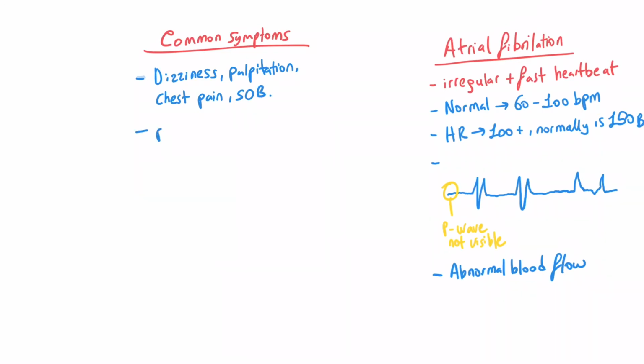On physical examination, you will notice the pulse is irregular, like we've mentioned before, plus a fast heart rate. We said anything above, let's say, 150 or around 150.